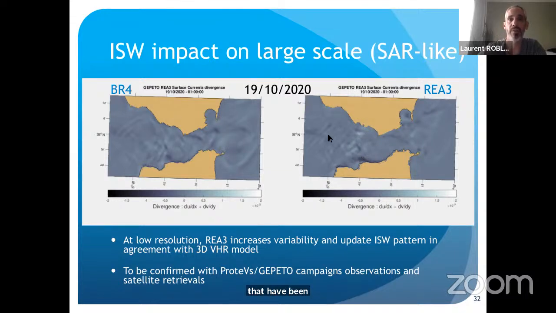So this is the same resolution, but you can see you have a totally different scheme of propagation of the wave.